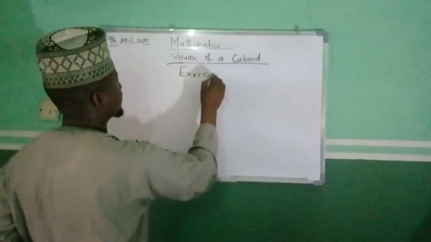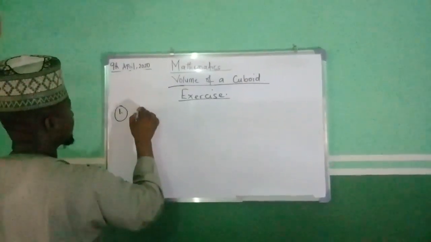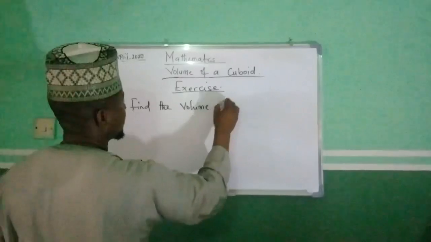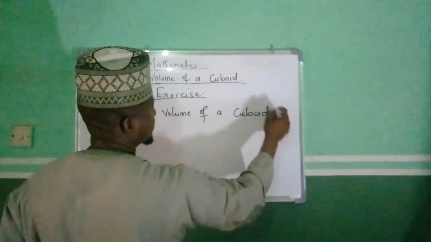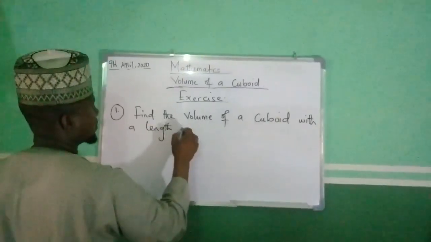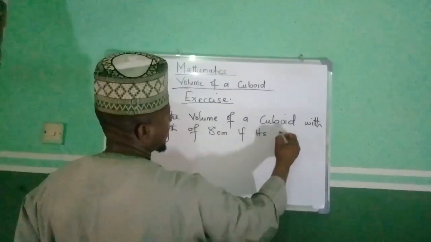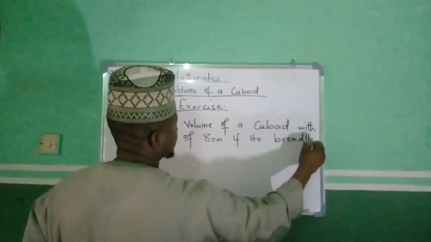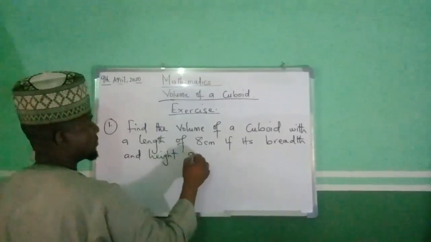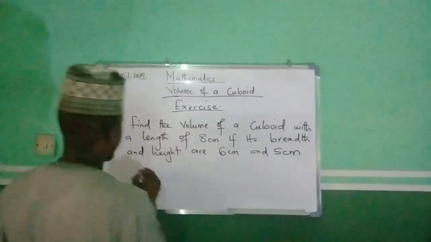The first question: find the volume of a cuboid with a length of 8 centimeters if its breadth and height are 6 centimeters and 5 centimeters respectively.